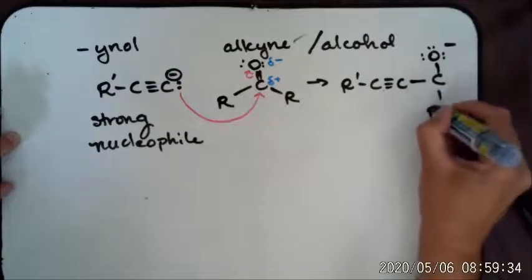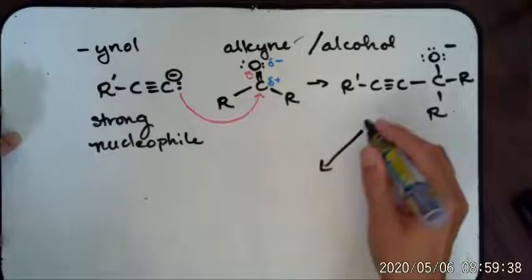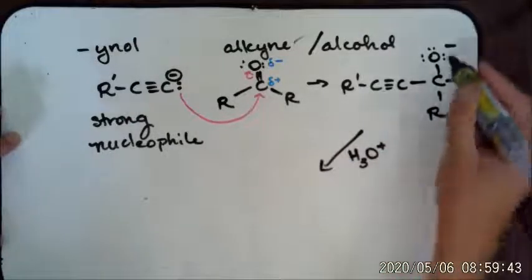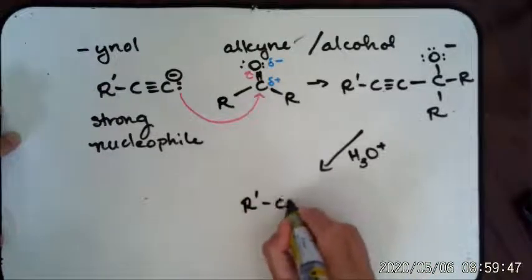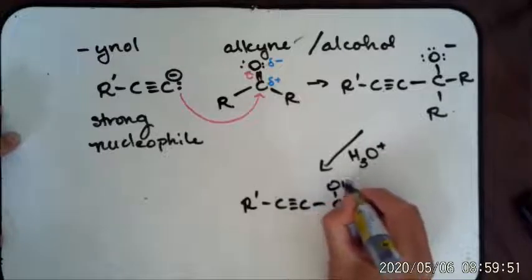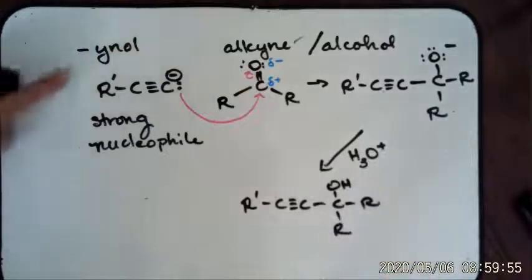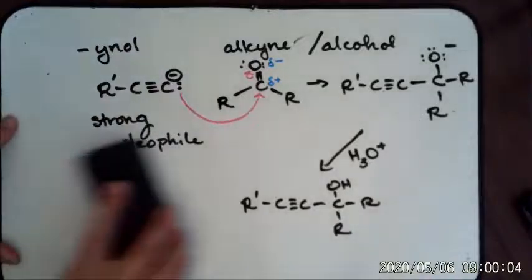I have an R and an R. And all I do is add just a little bit of acid to protonate that. And so now what we get is an ynol. Okay? So, let's talk about how we actually, let's do an example.